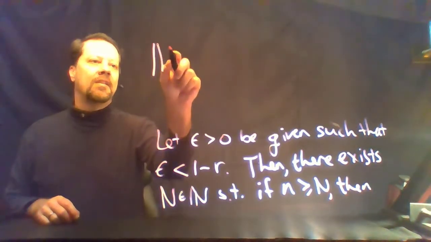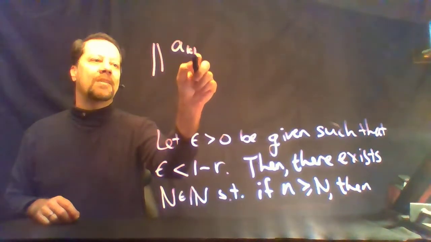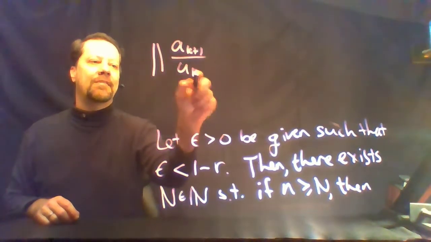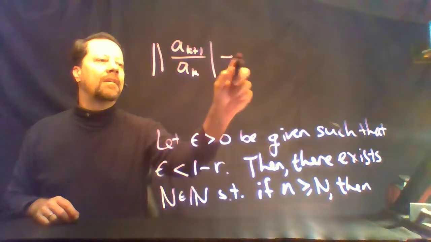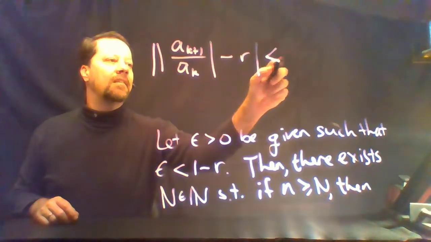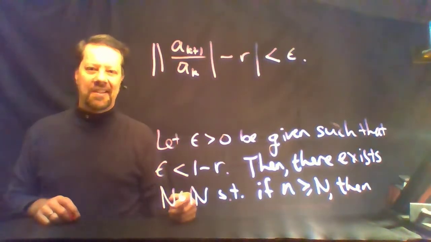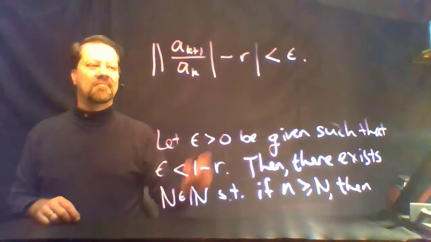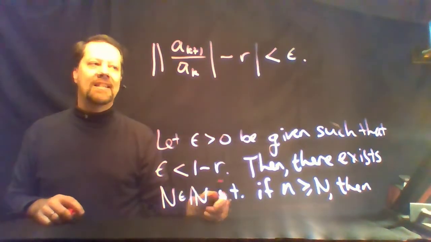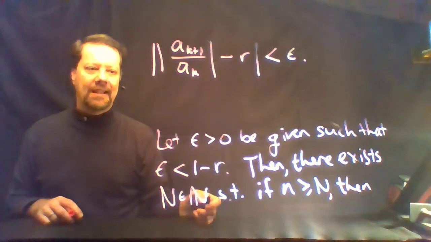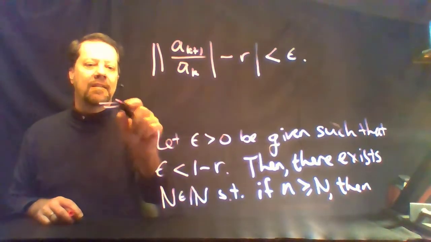The distance between the absolute value of a_{k+1} over a_k and r is smaller than epsilon. We can rewrite this absolute value inequality as just an inequality.